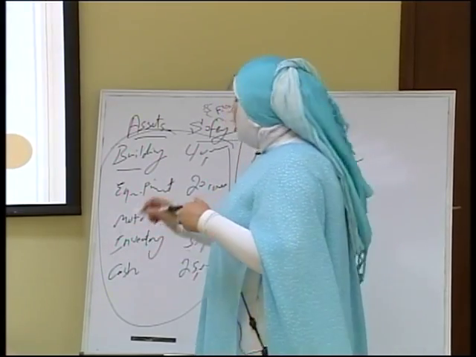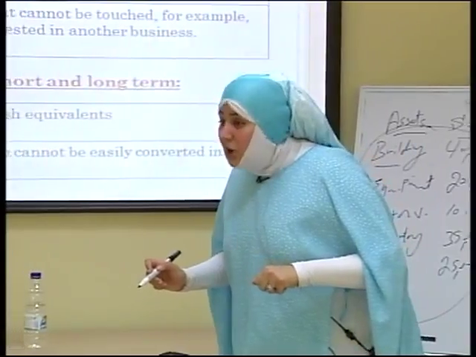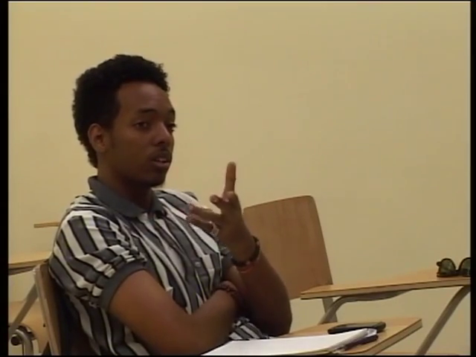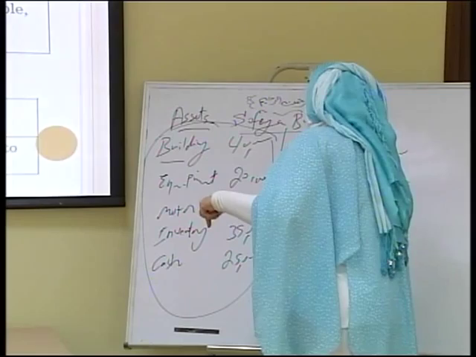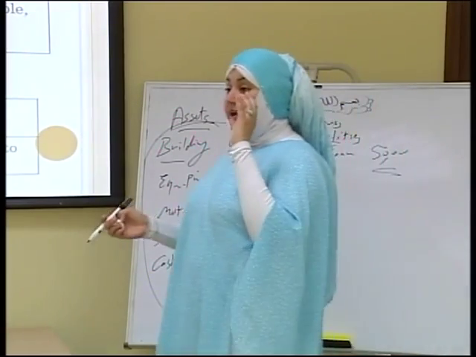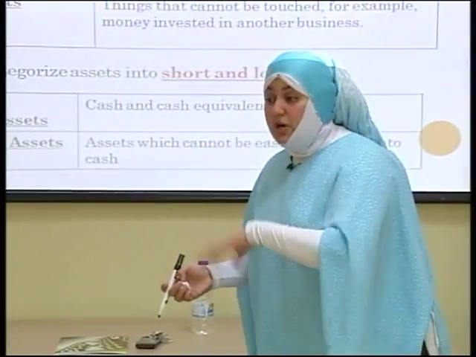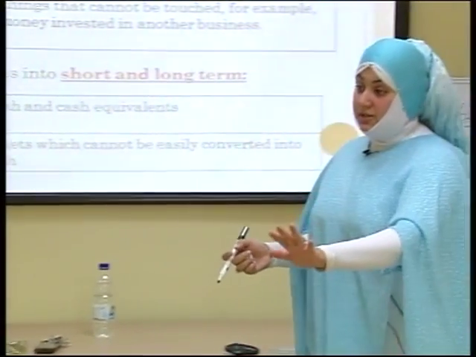Okay? And the business owes you as an owner how much? 80. And we call it equity. We don't call this liability. When we talk about the equity of the owner, when we talk about how much the business owes its owner, we call it equity, not liability.